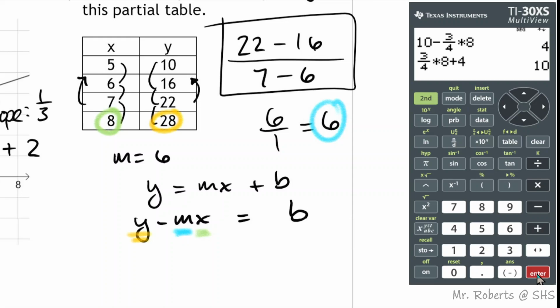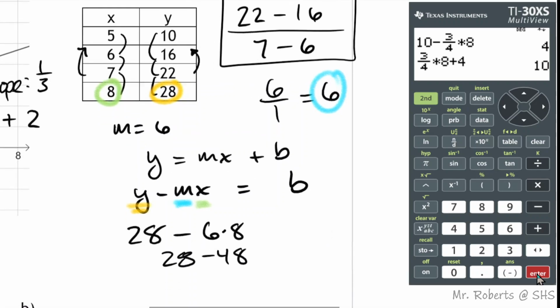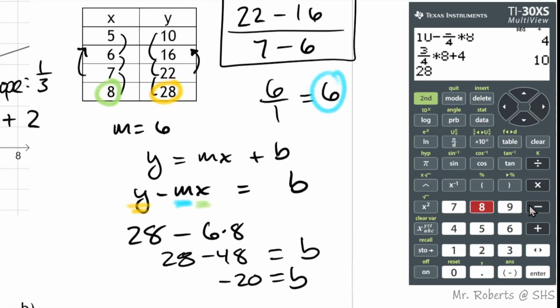And I know that my slope is the number 6. I'm just going to plug them in. So I'm going to write down 28 minus 6 times 8. 6 times 8 is 48. It looks like b is negative 20.